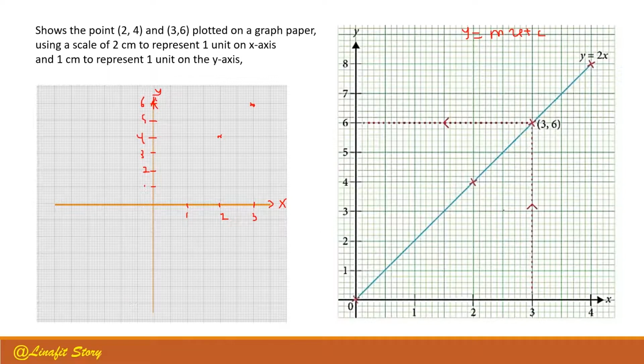So over here, as you can see, 6 divided by 3 is 2, so 2x, and then the y-intercept is 0. So 2x plus 0. So y is equal to 2x.